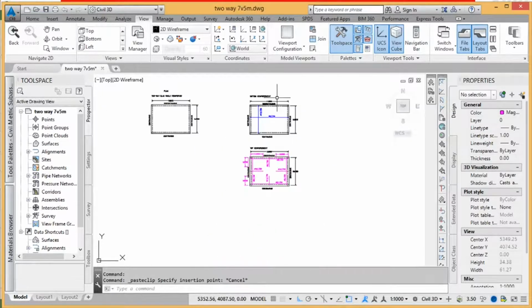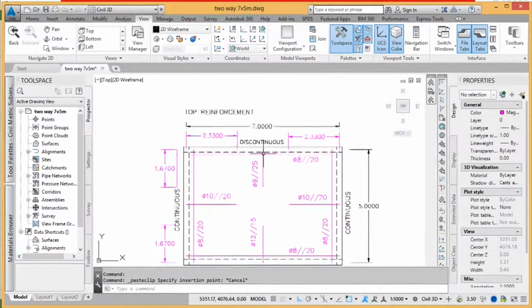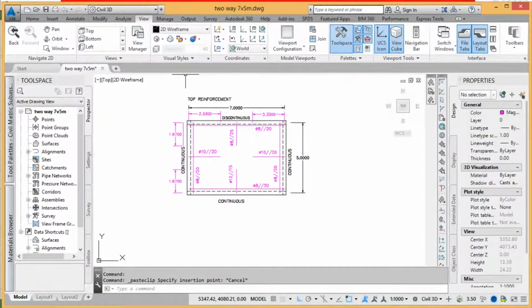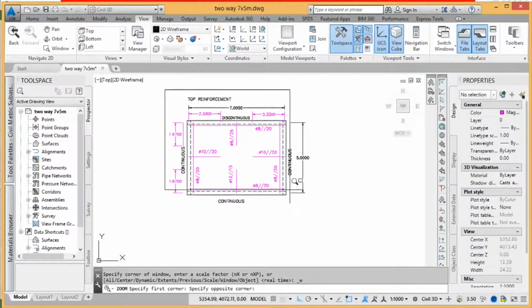Now on the top, let me increase this better.